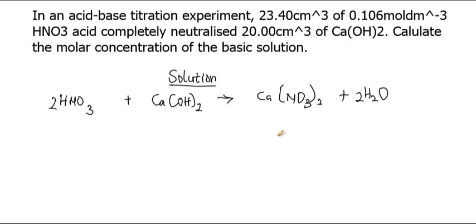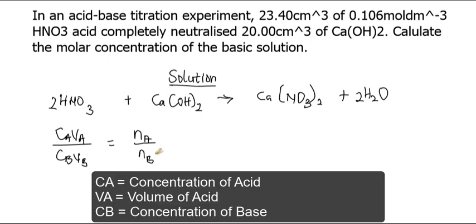So now with the balanced chemical equation, we can proceed with the formula. The formula we'll be using to solve this is CaVa over CbVb, which is equal to Na over Nb. And sometimes Na over Nb can also be referred to as the mole ratio.